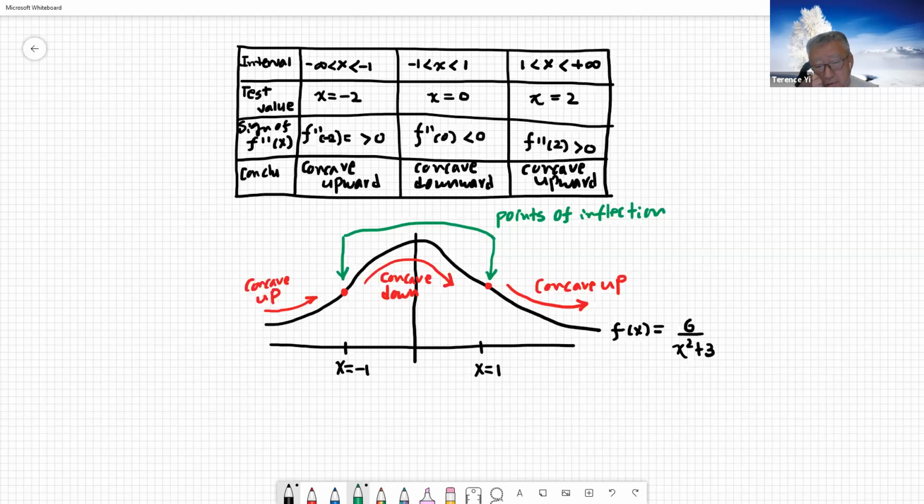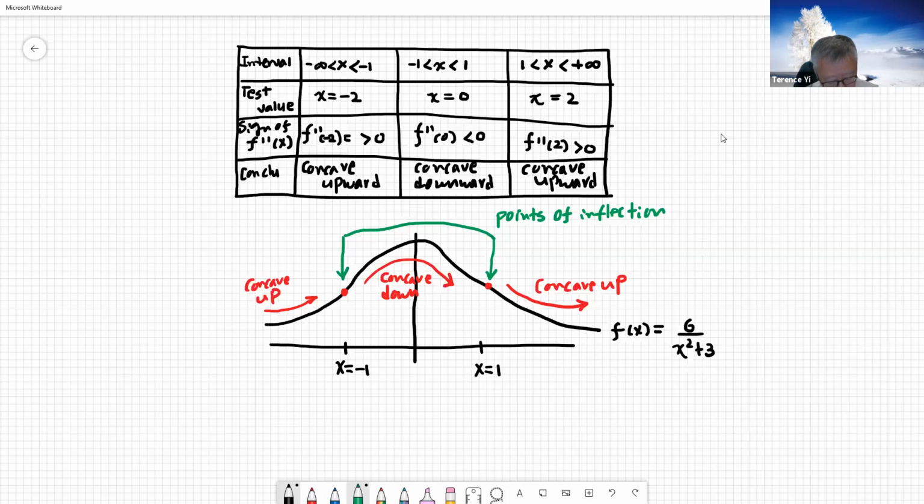Most of the problems we're going to have will follow something similar to this one, just like when you looked at increasing and decreasing functions. There's not going to be any difference, but you're just going to extend your differentiation one more step, which is f double prime.